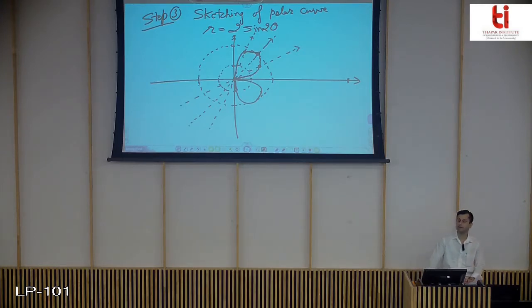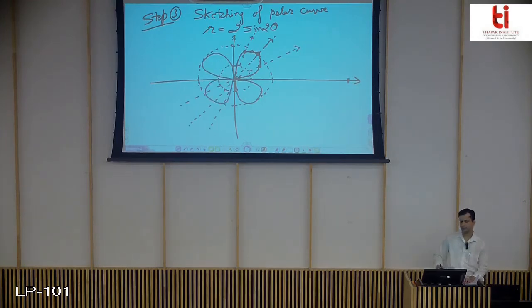Now second thing, the curve was also symmetrical about the y-axis. So whatever you have on the right hand side of the y-axis will be the same on the left hand side. That is, you will have a mirror image of the same curve. Only then can we say it is symmetrical about the y-axis. So here you have a curve like this and a curve like this.